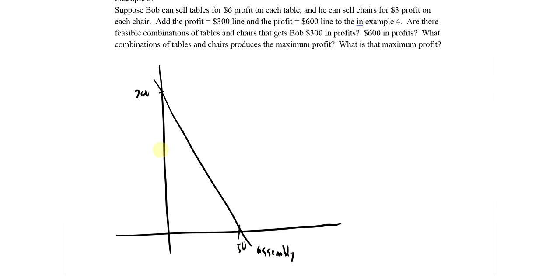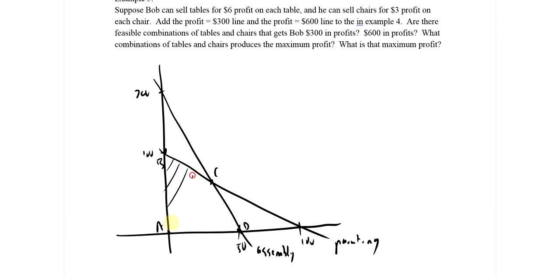And then we had 100 and 100 as the intercepts for my painting budget. And then we had 4 corner points, there, there, and there. We'll call this A, B, C, D.